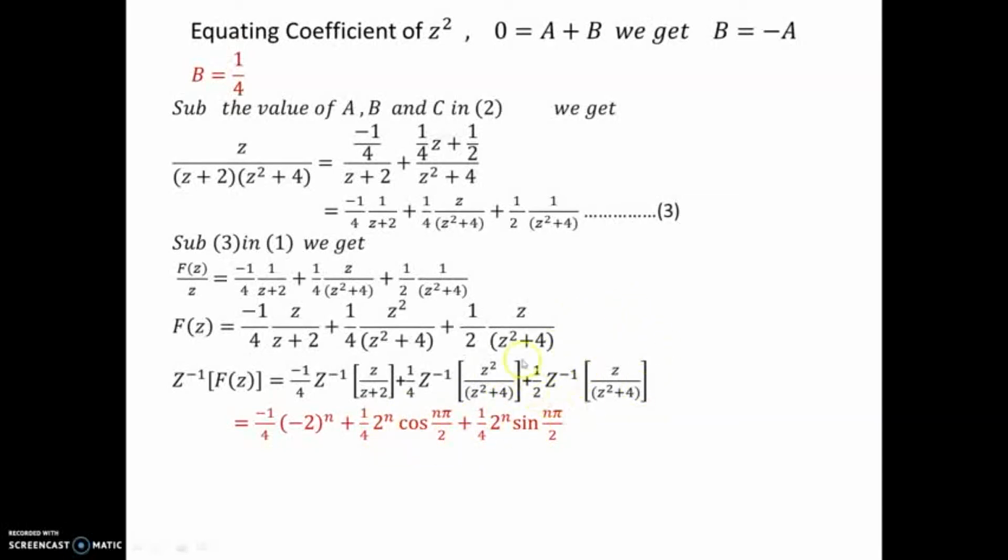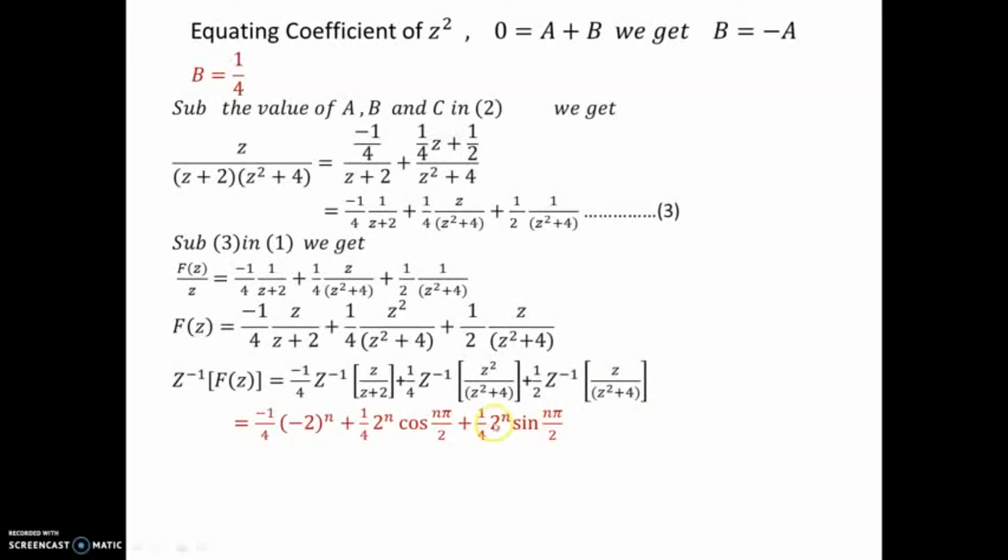Already we know that one formula for inverse z transform is z inverse of a z by z squared plus a squared. But a is not here. Therefore, multiply and divide by a. Here a is 2. So, multiply and divide by 2 this term. We get 1 by 4 into z inverse of 2z divided by z squared plus 2 squared, which gives a power n sin n pi by 2.